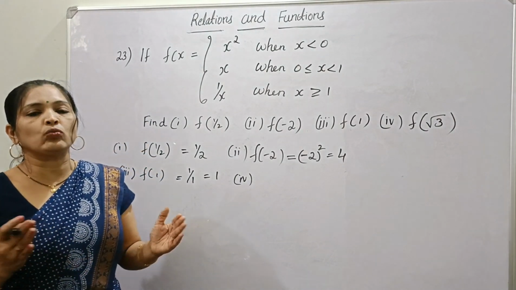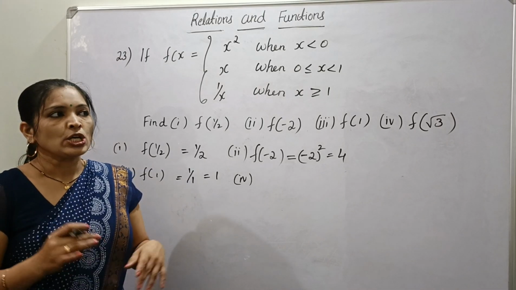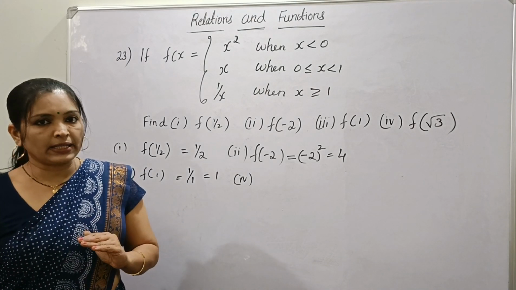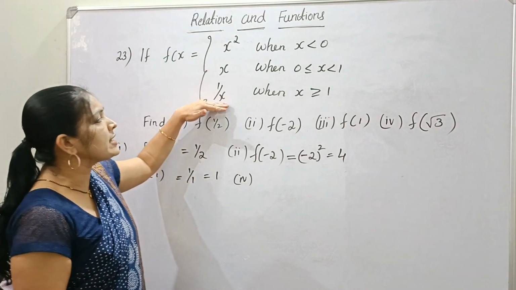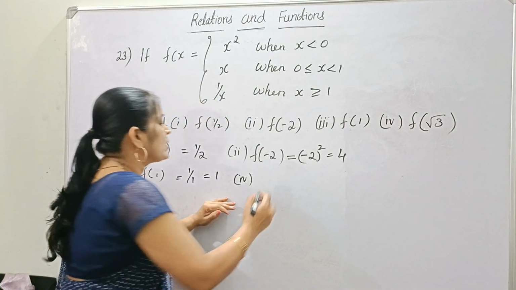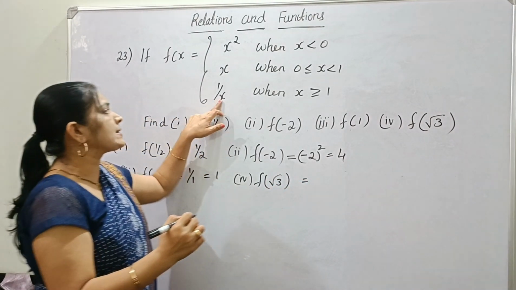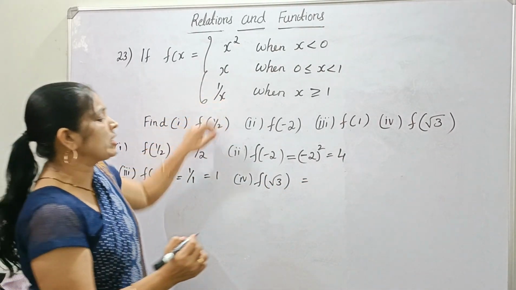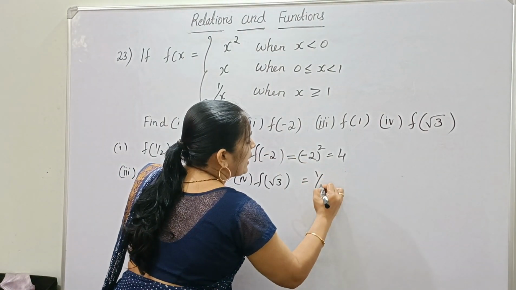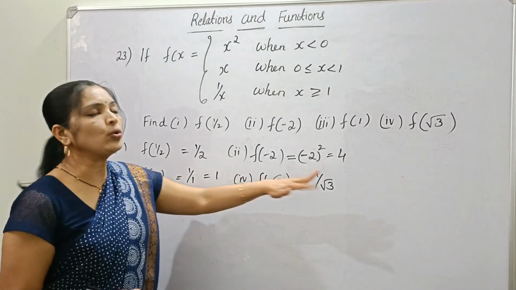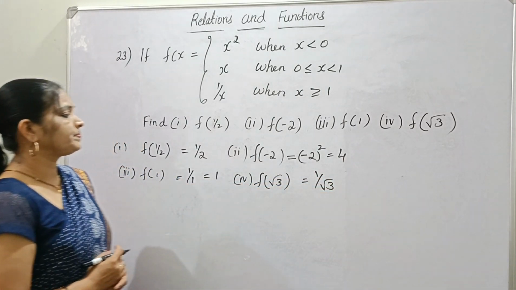Root 3 is nothing but 1.73 something, so that is greater than 1. Therefore, the function is 1 by x. So for f of root 3, substitute x is equal to root 3 in this function, that is 1 by root 3. So f of root 3 is equal to 1 by root 3.